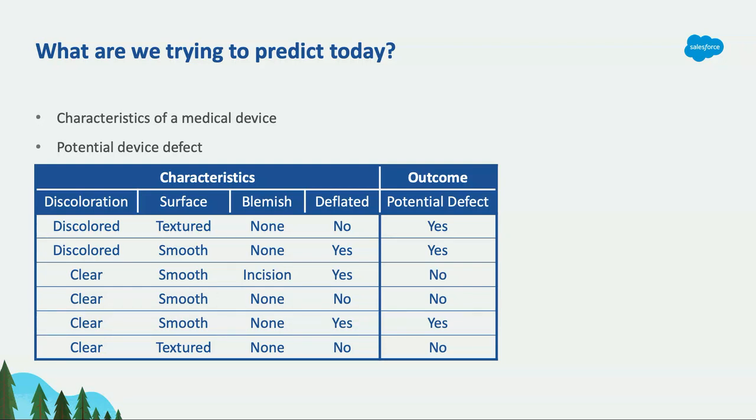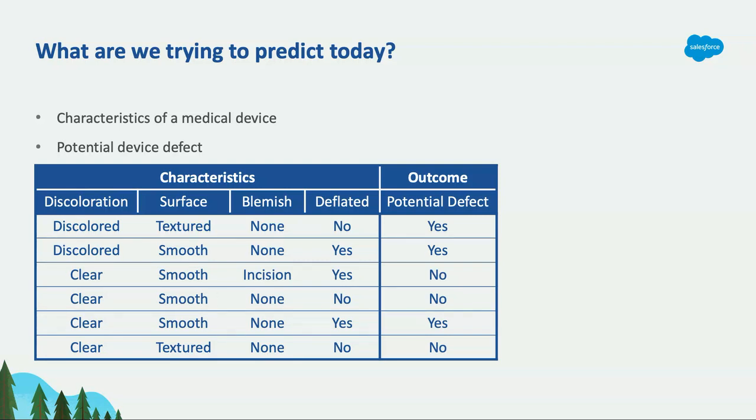Some of those characteristics you see there are that the device could be discolored, or it may not be discolored at all, clear. Its surface could be textured or smooth, and it may have a blemish such as an incision, and it could possibly be deflated. Based on that grid, we can determine whether or not the device is potentially defective.